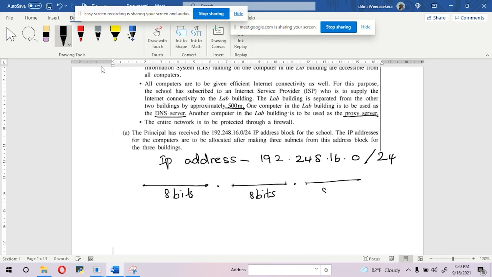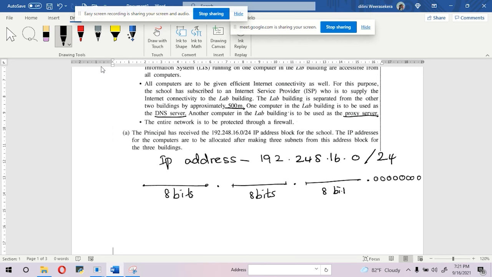So these are the actual standard of this IP address. 24 bits are allocated for the network, and you have another 8 bits, and all these bits are host bits: 1, 2, 3, 4, 5, 6, 7, 8.